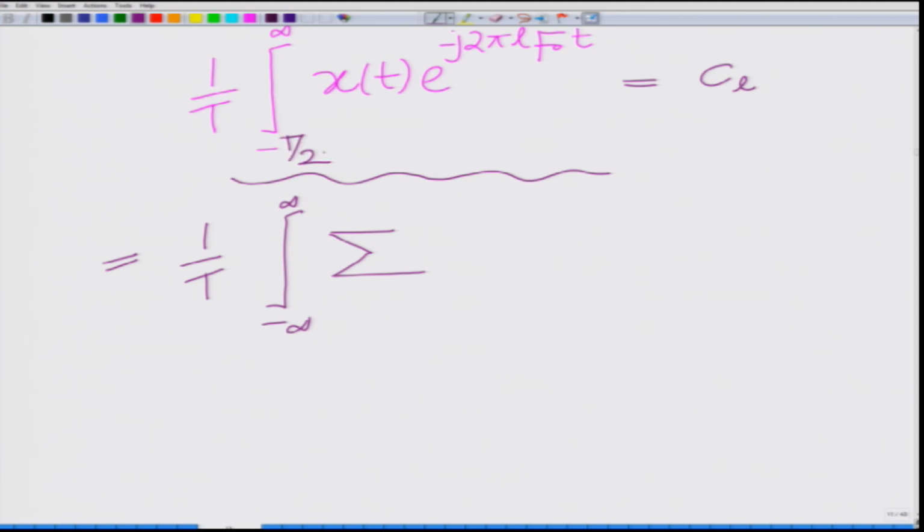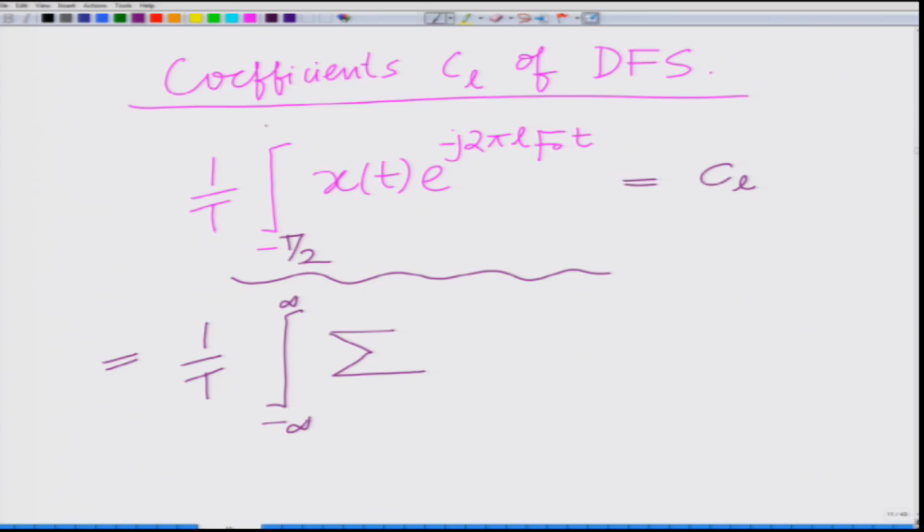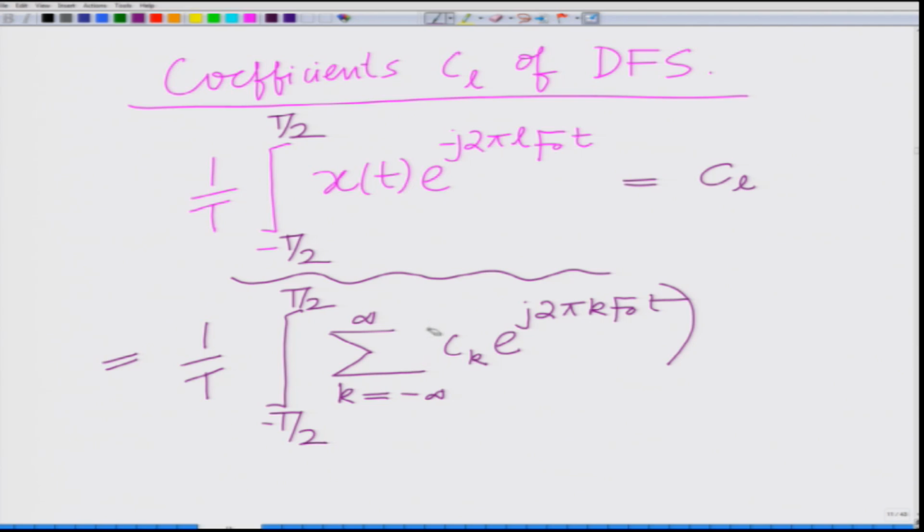So, that is from minus T over 2 to T over 2, summation k equal to minus infinity to infinity Ck e to the power of j 2 pi k f naught t, correct, multiplied by e to the power of minus j 2 pi L f naught t dt.